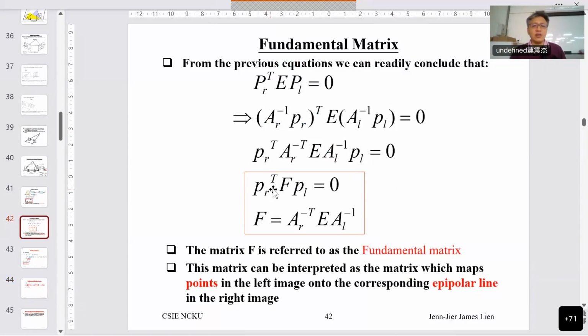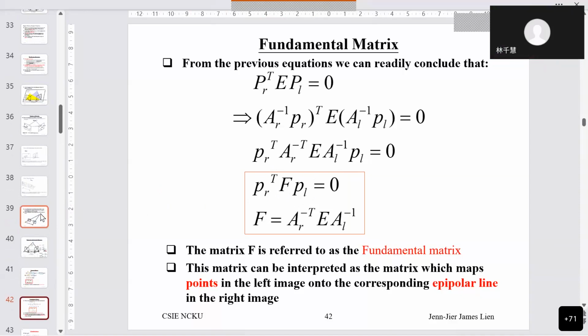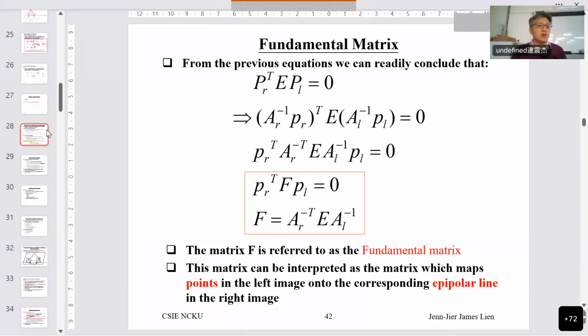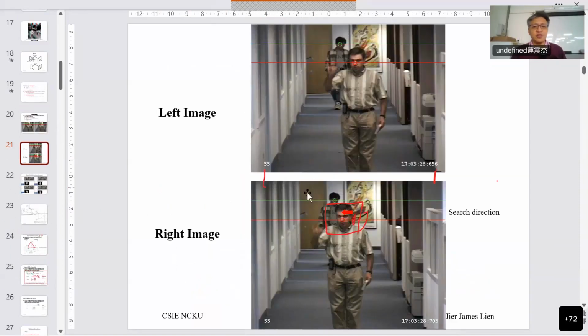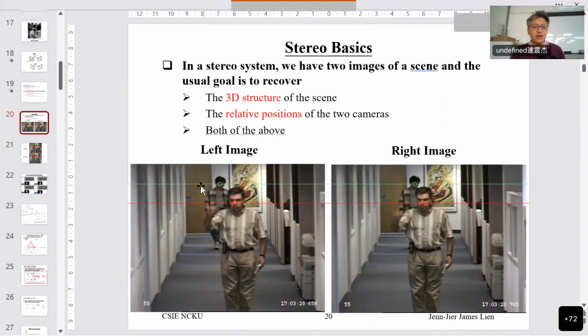The same in theory is this one, but in reality, you cannot find this one. So what you can do is basically use OpenCV and try to find the corresponding point.